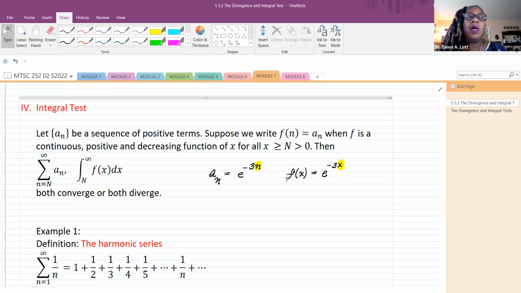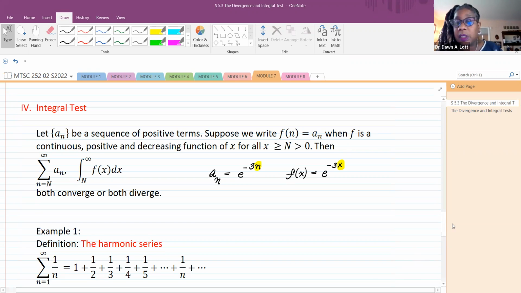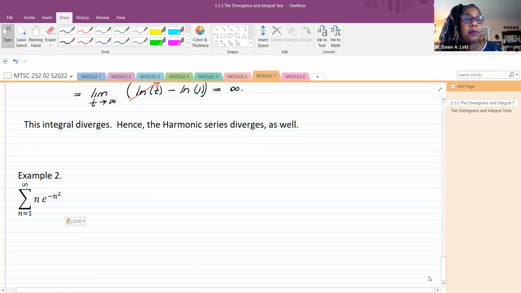I want it to be an f of x the same way the series expression for a sub n is a function of n. So I'm just going to take everything that was a function of n, move it to a function of x, and then integrate that. Okay. Let's look at this next problem, Prentice. I think it might help with this next problem.